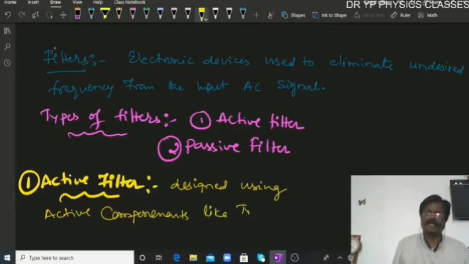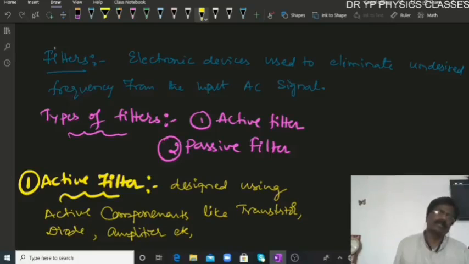Like transistor, diode, and then you can also use some amplifier in the circuit, etc. These are called as the active circuit elements.